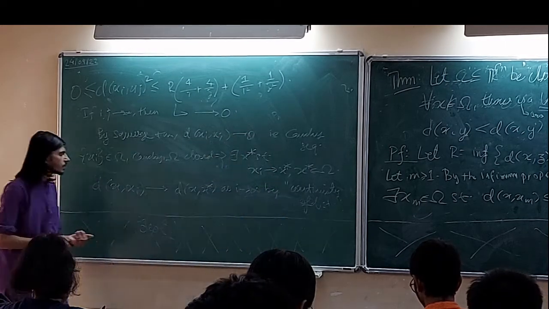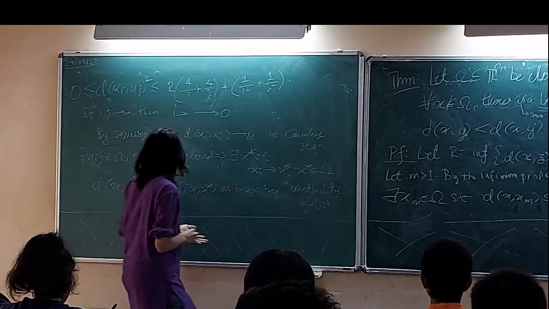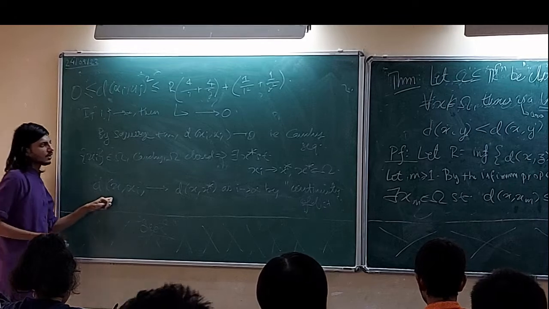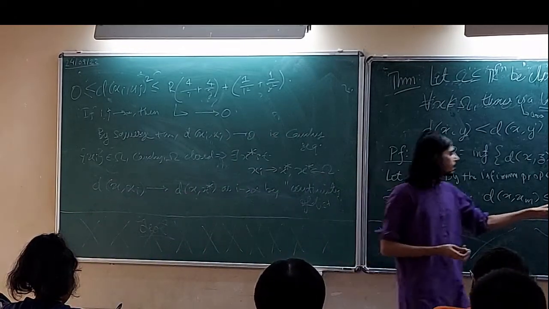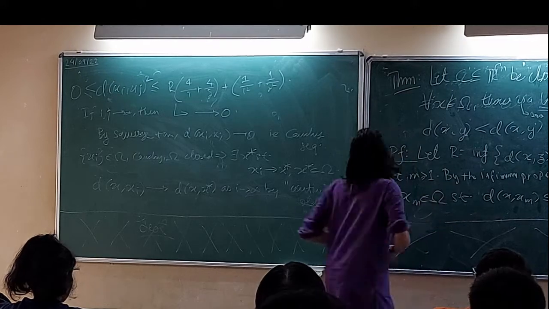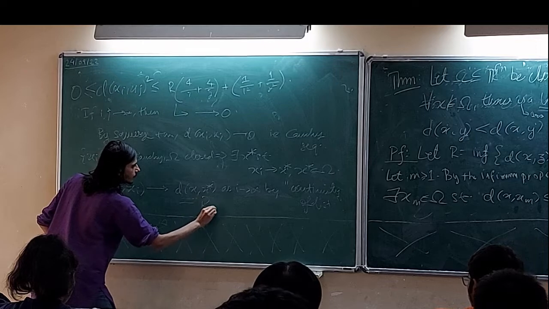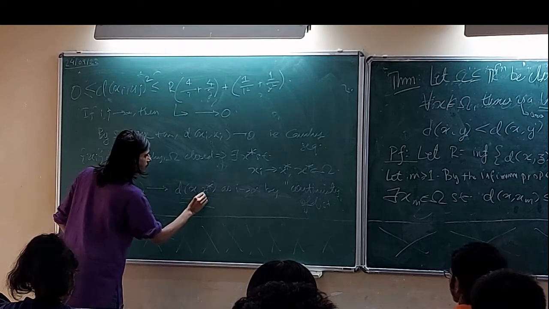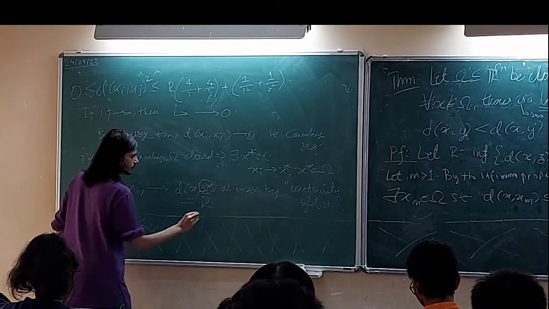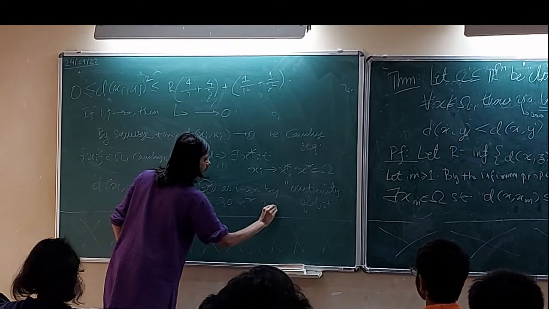And therefore d of x comma x star is equal to r, because this particular sequence is being squeezed by r plus 1 by n on one side and by r on the other side, because r is the infimum. So this is equal to r, and therefore x star is the required candidate. So x star has been found.